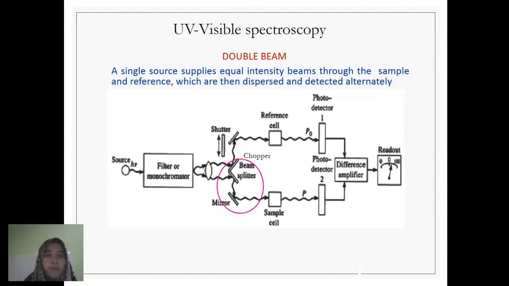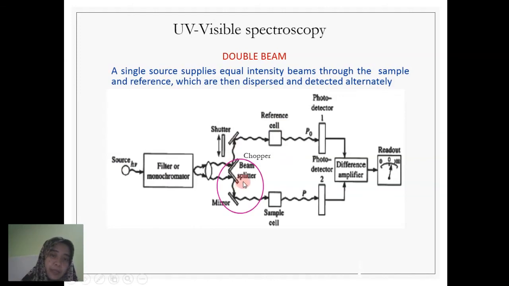While for the double beam, a single source supplies equal intensity beams through the sample and reference. Let's have a look at the diagram. From the source to the monochromator, to the reference and the cell container, to the detector.